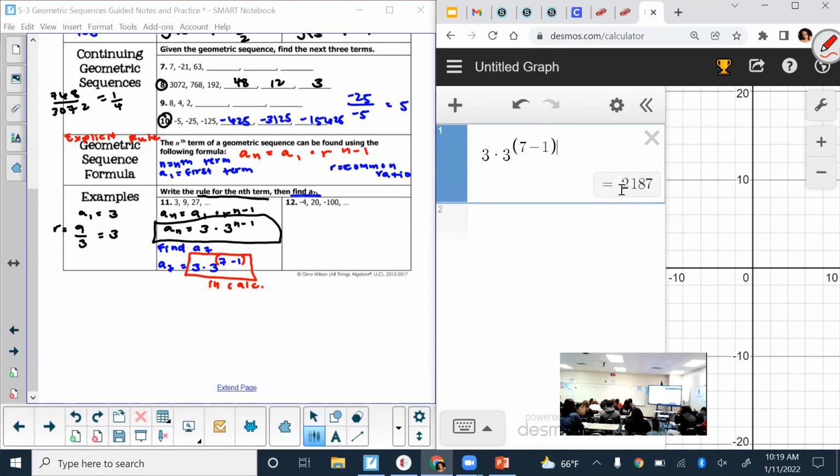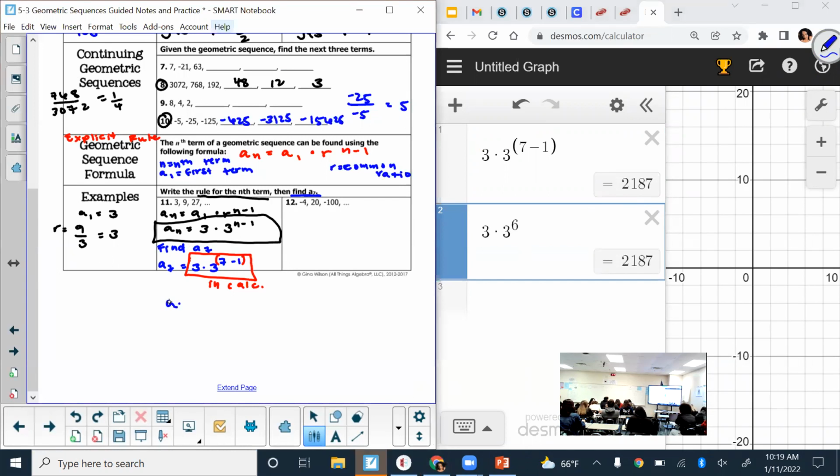All right, and then we get this number, which is our answer. The other way you could do it is just do the 7 minus 1 in your head, type that in, and we get the same answer. So it's up to you. So my seventh term is 2,187.